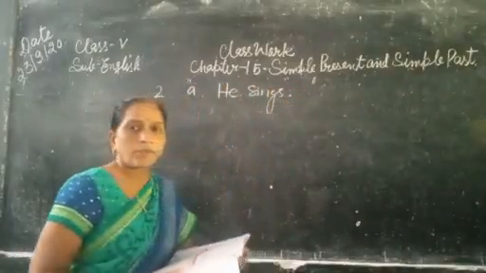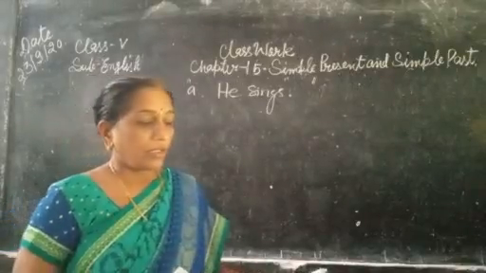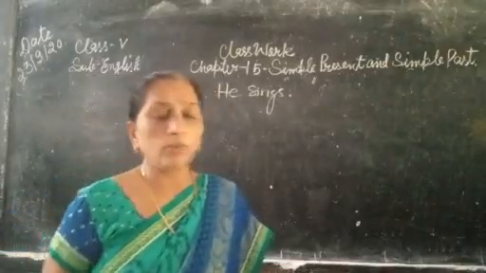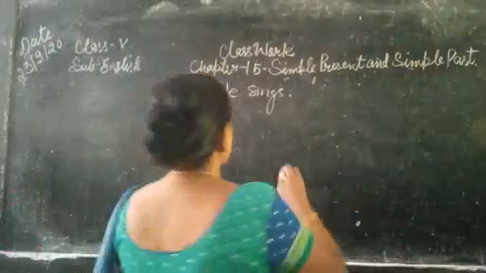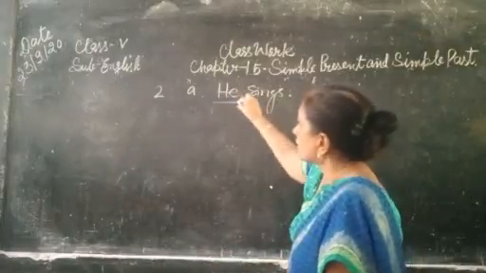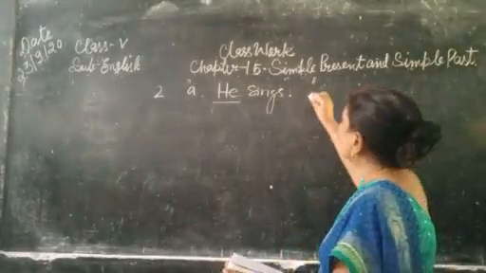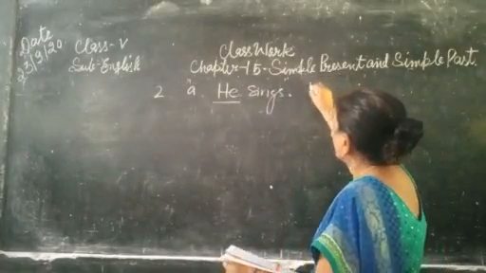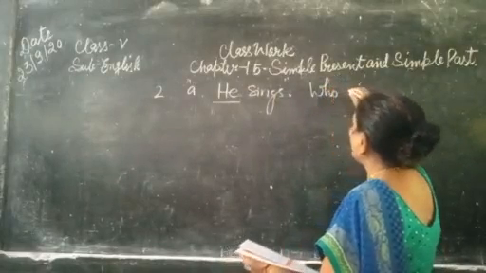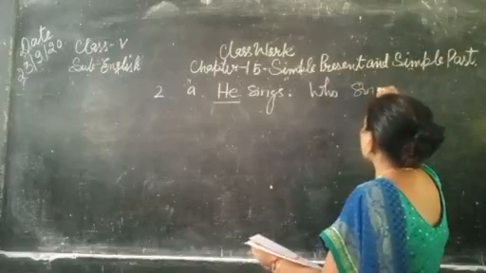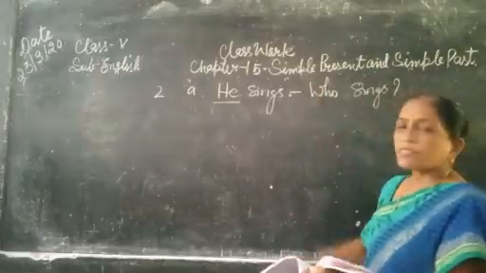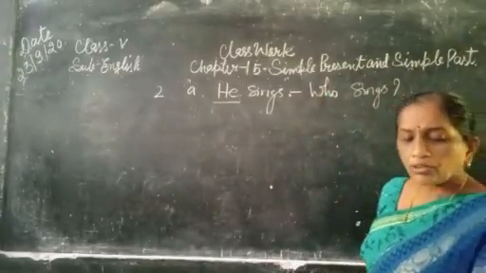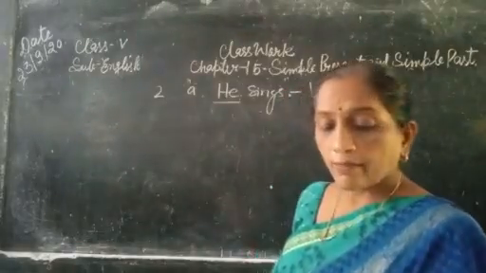This is the affirmative sentence and we have to make a WH question. It carries WH with the answer will be he. So who, what will be the answer? हमें WH वर्ड में क्या लिखेंगे? Who sings and interrogative sign. Okay? This will be the interrogative WH question of the sentence.